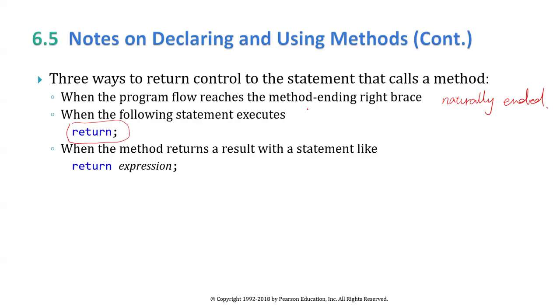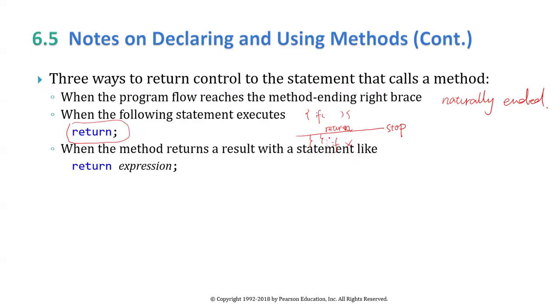For example, here is your method, right? And if something, then you can have a return here. And then the program will stop here. No matter how many lines of code, maybe there is still an if statement, but it will not run because we have already returned at this line.